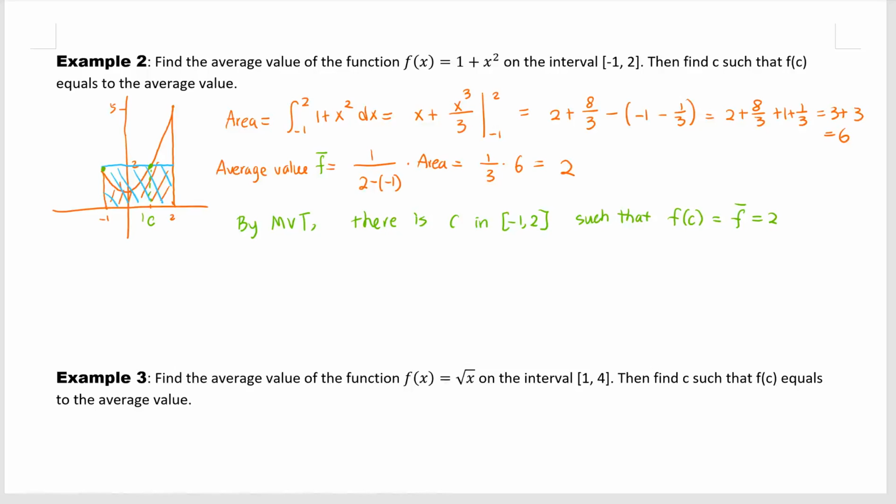What is f of c? That means you plug in x equals c in the expression of f. So that's 1 plus c squared equals 2.